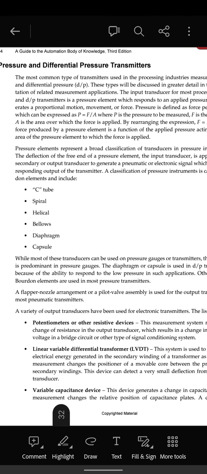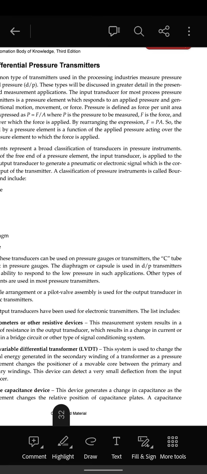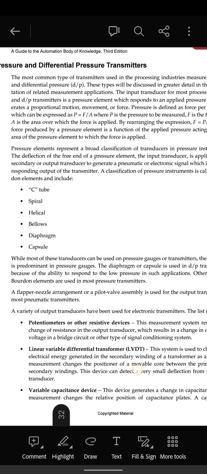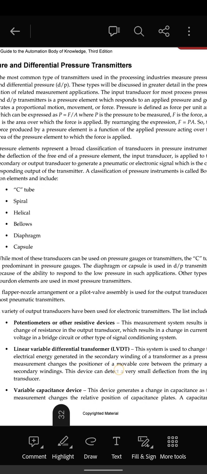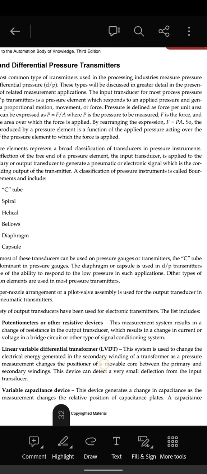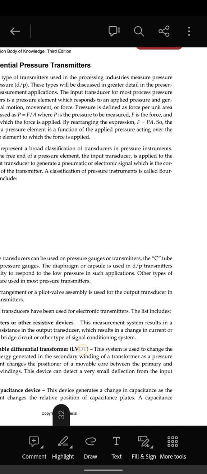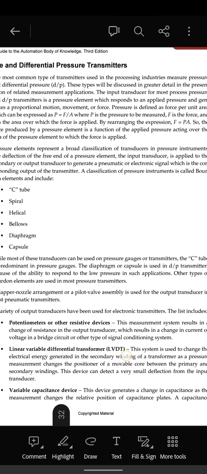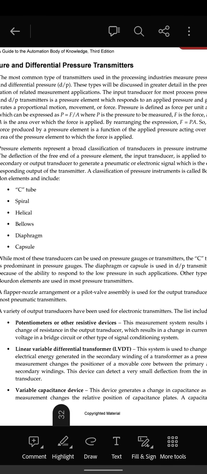The list includes potentiometers or other resistive devices. This measurement system results in a change of resistance in the output transducer, which results in a change in current or voltage in a bridge circuit or other type of signal conditioning system.